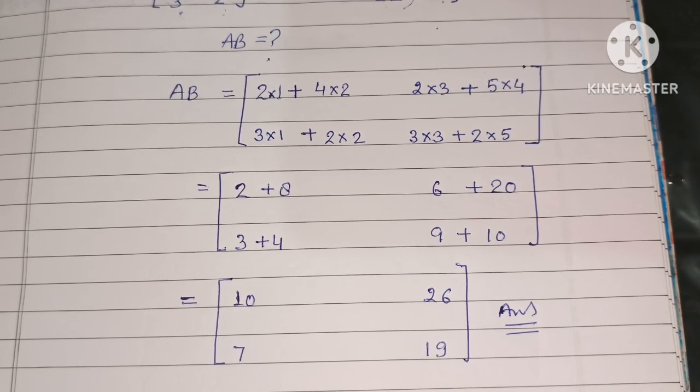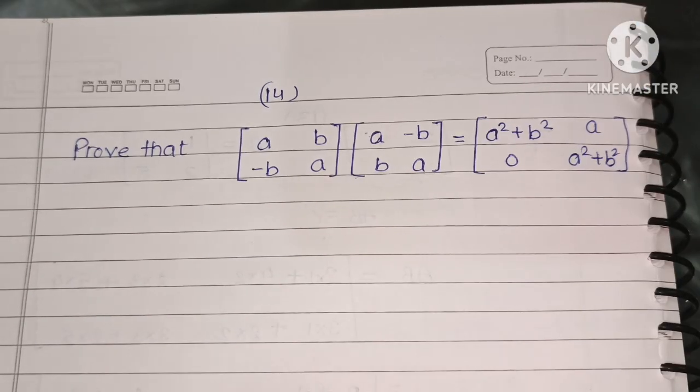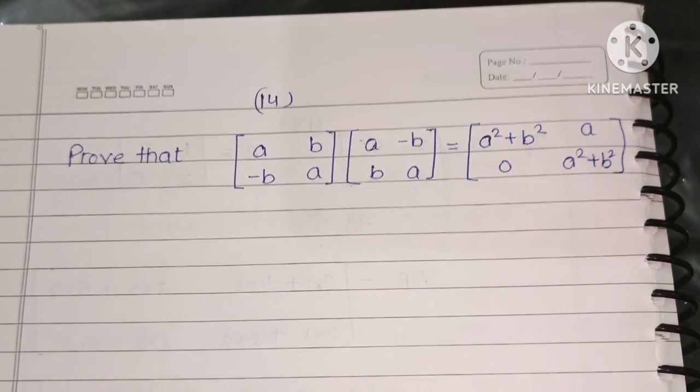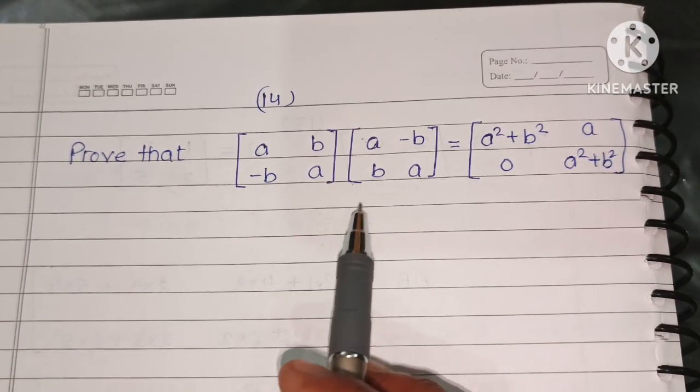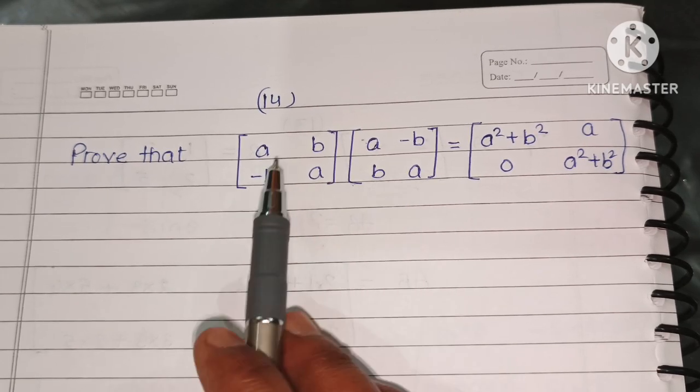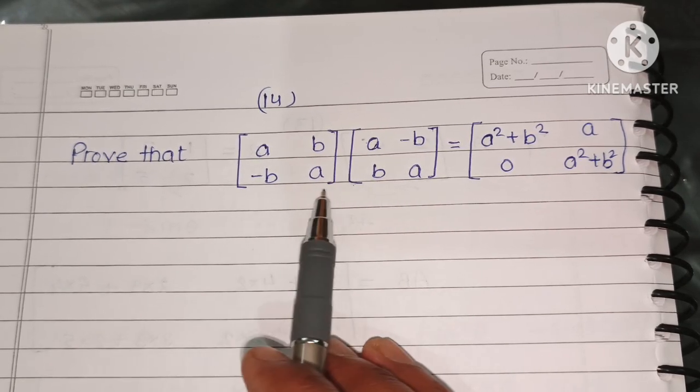Now let's talk about the next question. Prove that the multiplication of these matrices is equal to this.